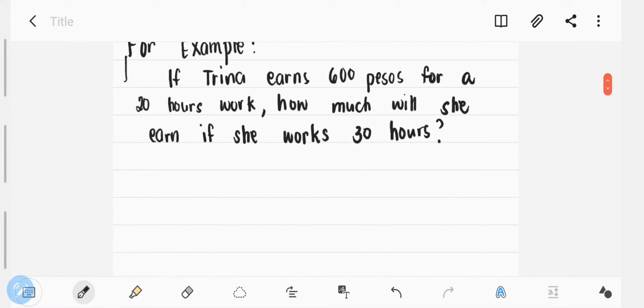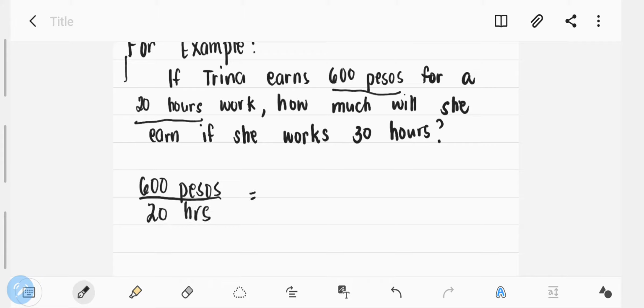And how do we solve it? We will solve it the way that we used to do. Let's get the ratios first. We have 20 hours and 600 pesos. That's our first ratio: 600 pesos over 20 hours, then equal sign.